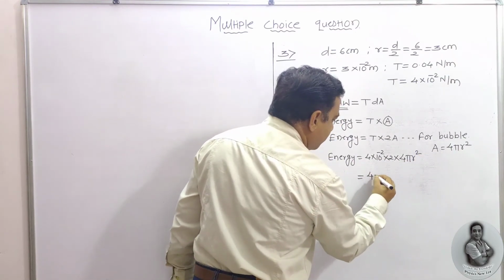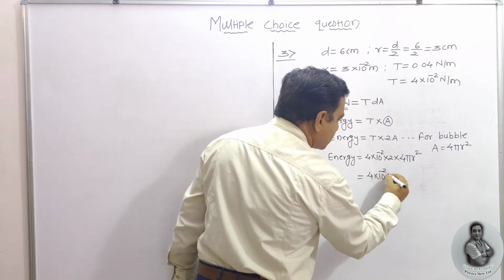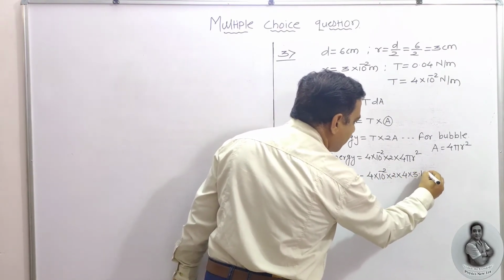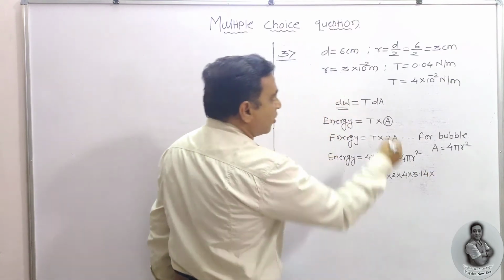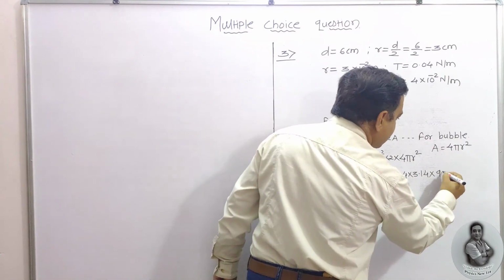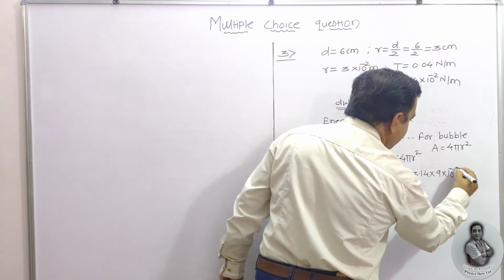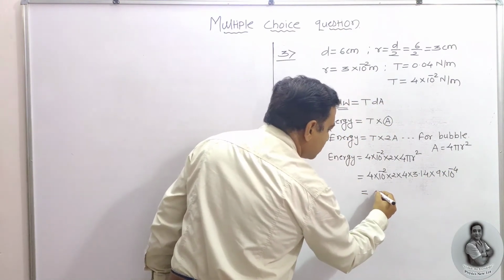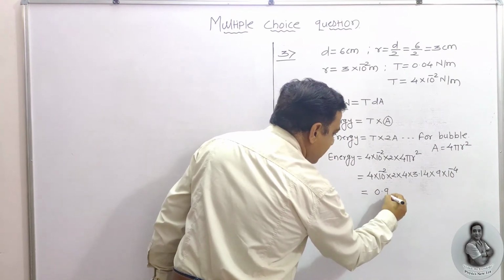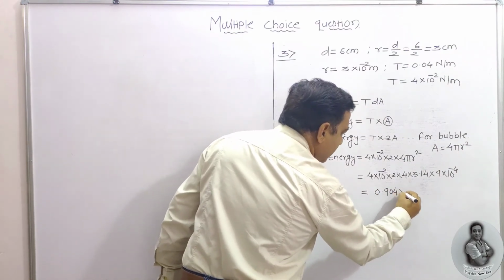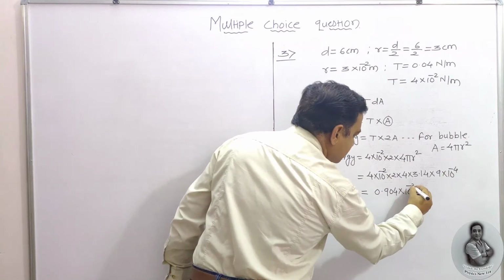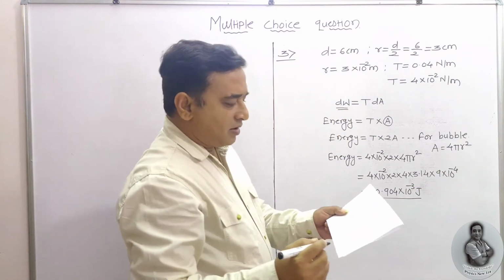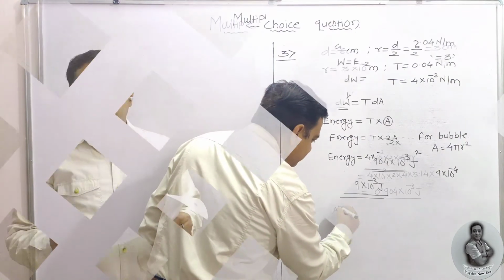After substituting 4 into 10 raised to power minus 2 into 2 into 4 into 3.14 into square of this radius, that is 9 into 10 raised to power minus 4, the value comes out to be 0.904 into 10 raised to power minus 3. It is in joule. So which option is correct? A option is correct.